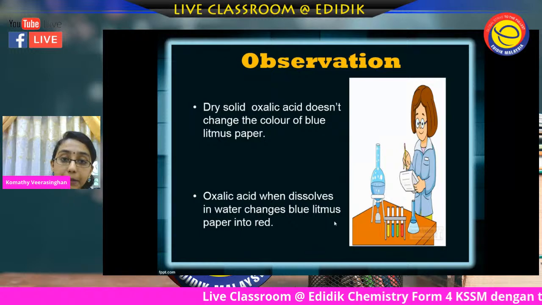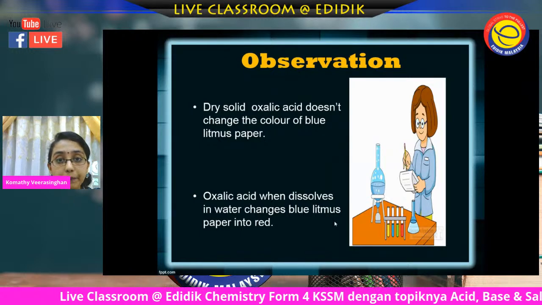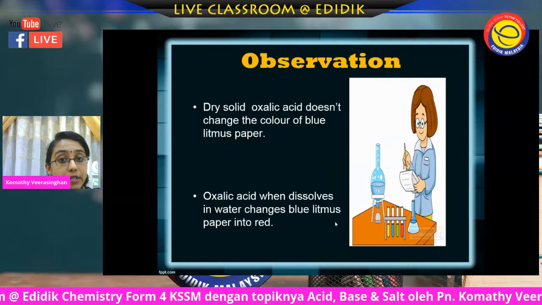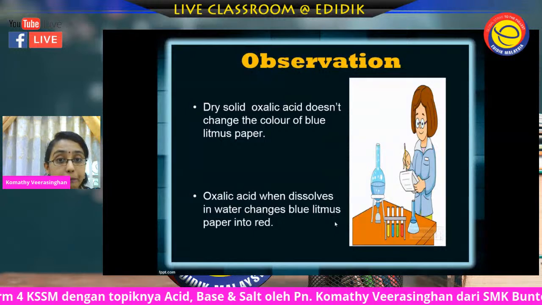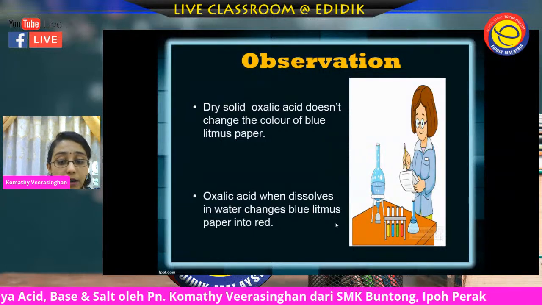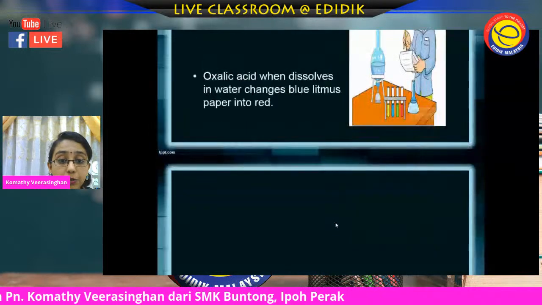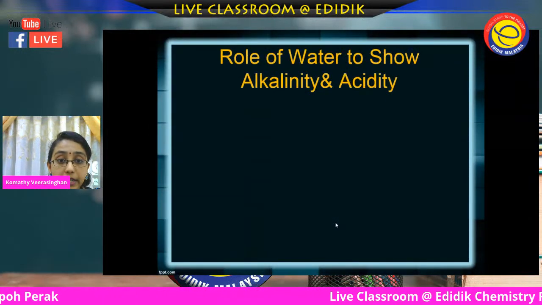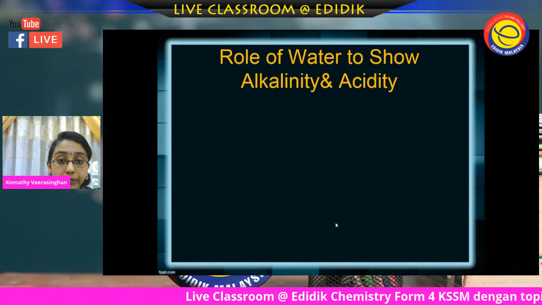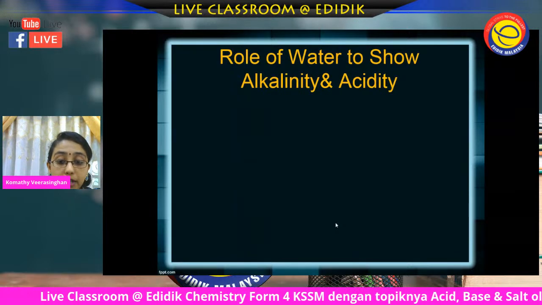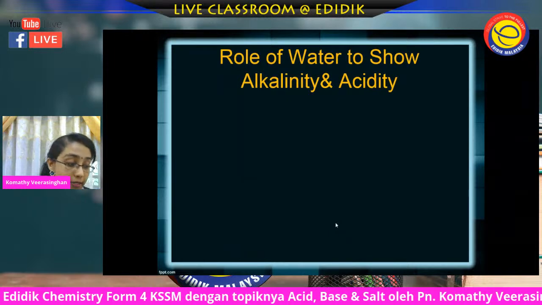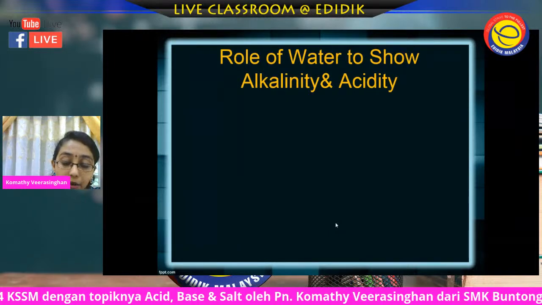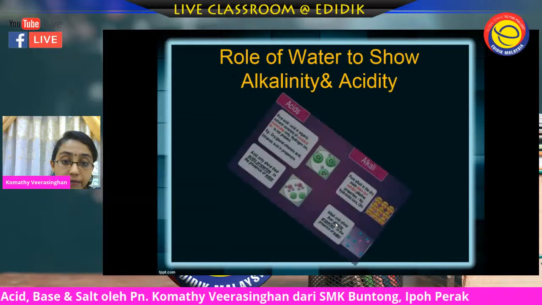The blue litmus paper turns red. So from this, what can we conclude? For an acid or an alkali to show their acidic or alkaline properties, they do need water. Without water, they are unable to exhibit their acidic or alkaline properties.